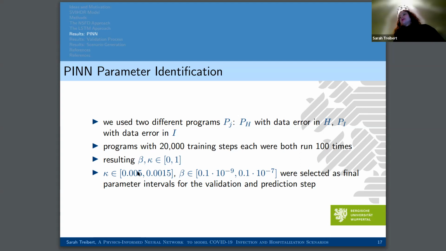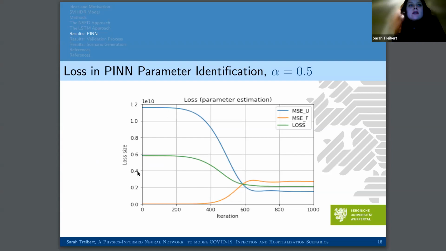Then we selected those parameters within those intervals for the predictions or validations. We then tried certain values within those intervals, and I will show some examples next. Okay. I mean, these are very small intervals.